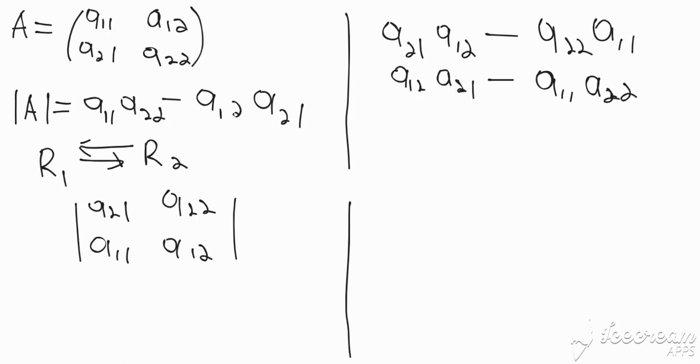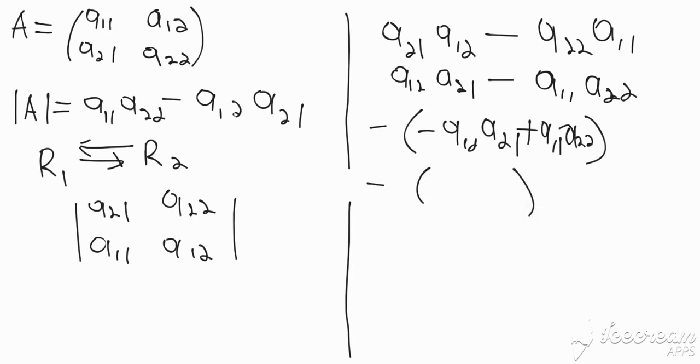If we were to factor out the minus sign, I would end up with a negative of A11, A22 minus A12, A21.